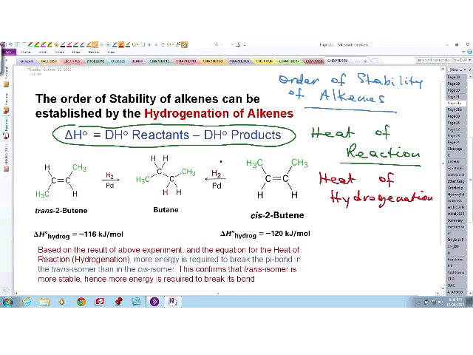Now, what kind of information do we get out of this experiment? We have trans-2-butene and we have cis-2-butene. And then we hydrogenate each one of them. And both of them give the same product, butane.